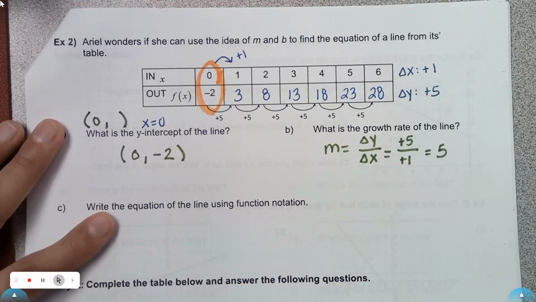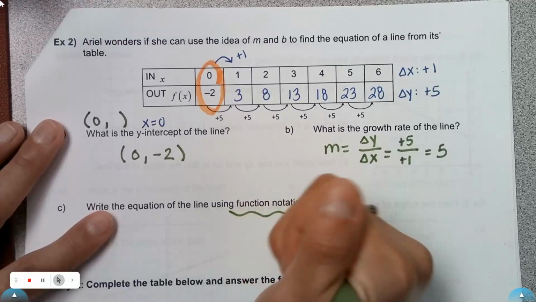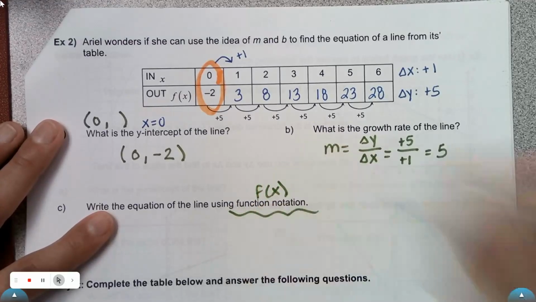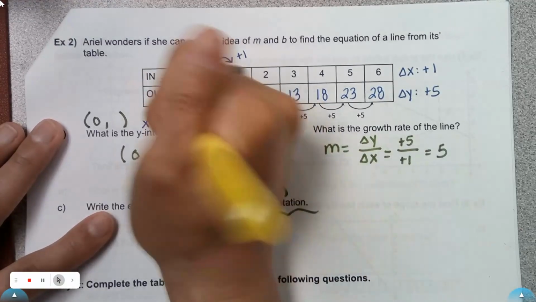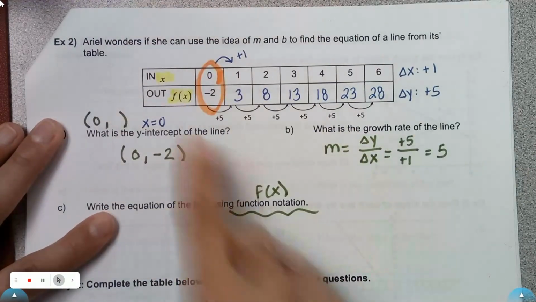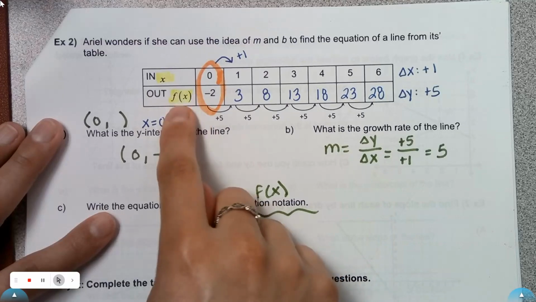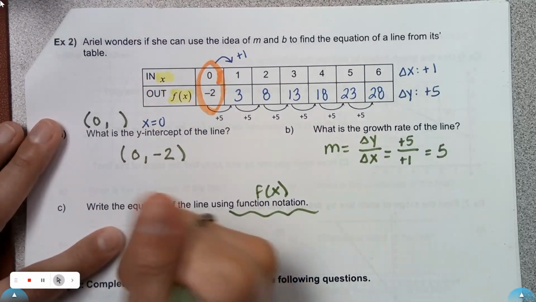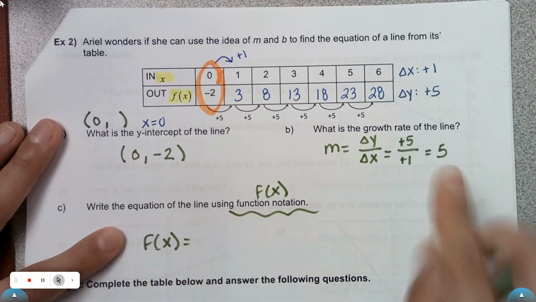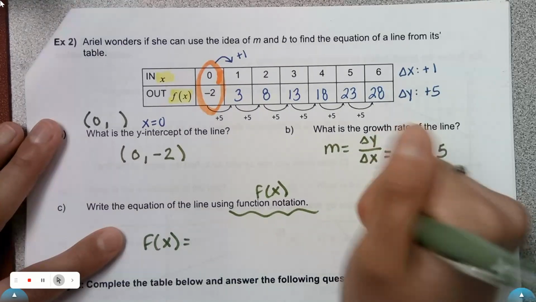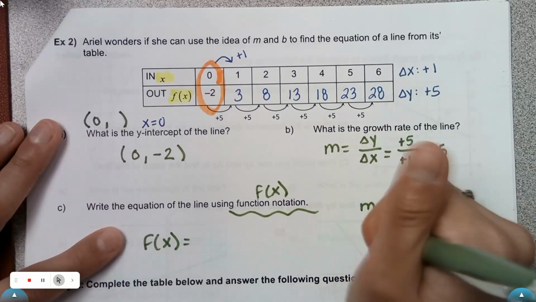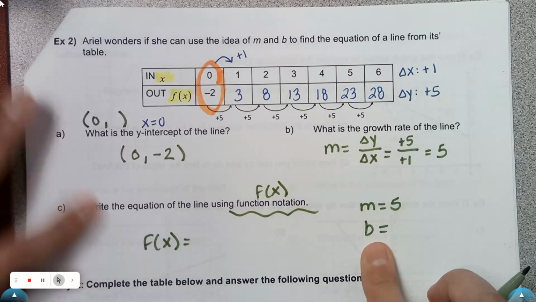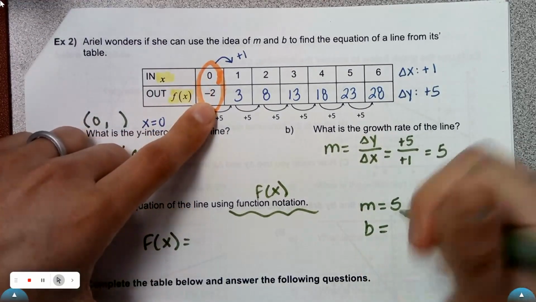Okay, to write my equation, function notation means f of x. But always look at your table, always look at your problem if they tell you what letters, what variables to use. So I see the f of x there, and I'm using x. Okay, so I'm going to have f of x. Okay, I know that my m is 5, so I'm going to write that on the side. However, my b, remember, is wherever x is 0, and x is 0 right here where it's negative 2.